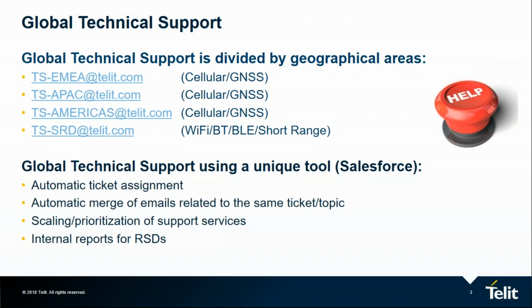So we have the TS EMEA, APAC, and Americas email addresses that mainly support cellular and GNSS products, and a dedicated team that can be contacted through ts-srd@telit.com that supports all the short-range devices, including Wi-Fi and Bluetooth products.